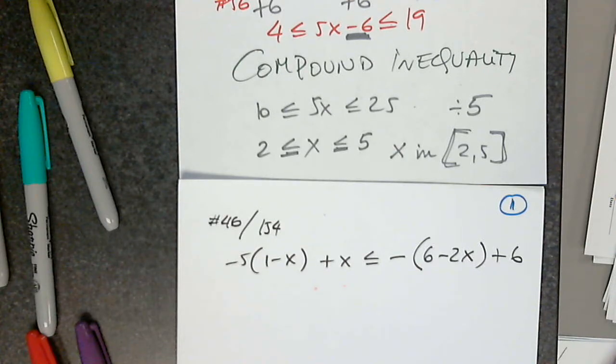How are we doing? We have to distribute. We have to distribute first. How are we doing? You distributed to 1, but you did not distribute to x. Careful. Careful with the distributive law. How are we doing?